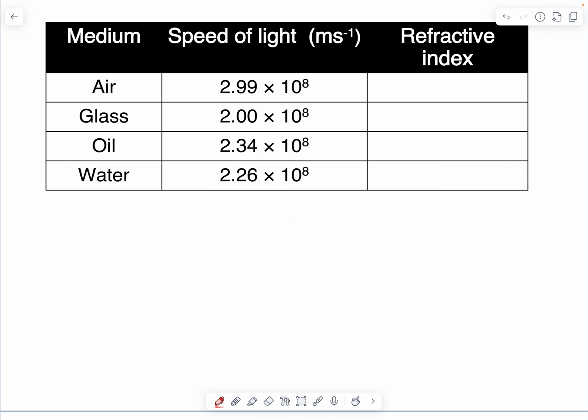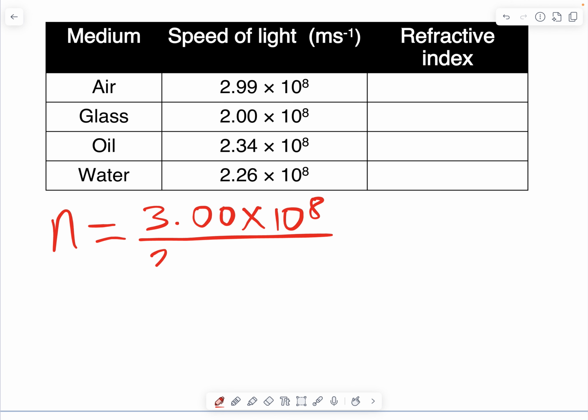Let's work out the refractive index for air. The speed of light in a vacuum is 3 times 10 to the 8. You would then divide that by the speed of light in air, which is 2.99 times 10 to the 8.